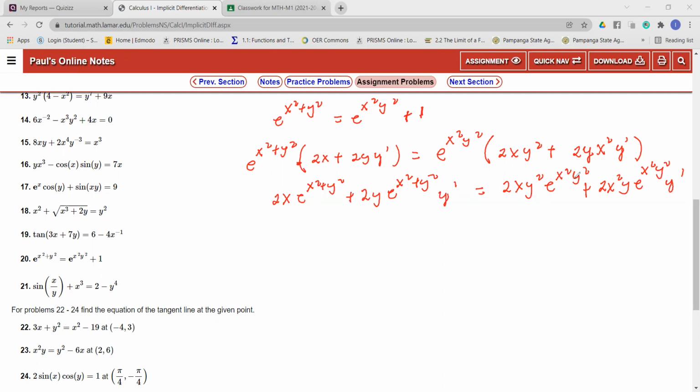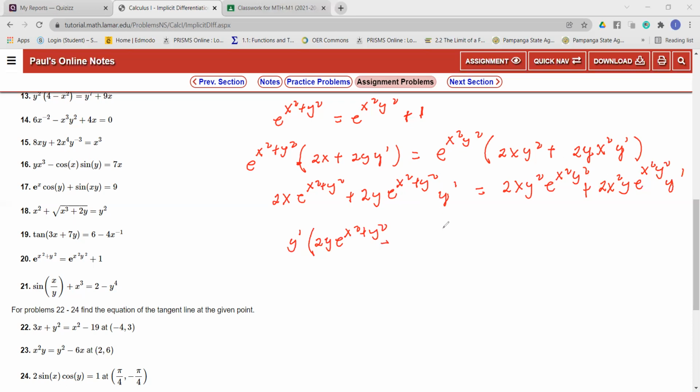Again, pagsamahin yung ano dyan. And then, ito naman sa kabilang side. Then, factor out again by y prime. I hope ano sa inyo na ito ay y prime dyan. Tapos dito, matitira ay 2y e to the x squared plus y squared. I hope you can follow, ha?